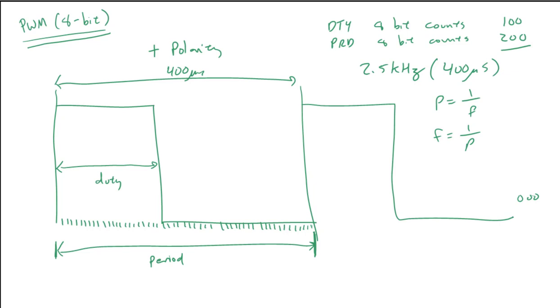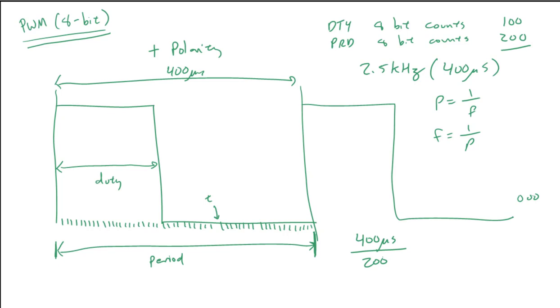So if this is running at 400 microseconds for one full cycle, I need to configure the PWM clock so that it's actually 1/200th of that, because I'm really trying to find out what the time is of one of these little chunks, and there's 200 of them. So to figure that out, I would need to take 400 microseconds and divide that by 200, because that's the period I've chosen to use.